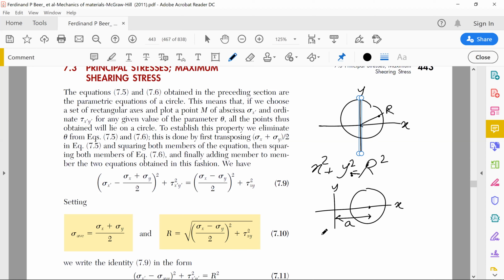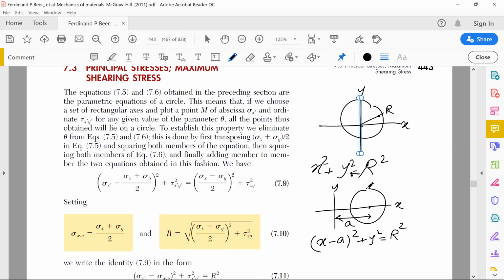So now what will be the equation? X minus a whole square plus y square equals r square. This will be the equation of a shifted circle.